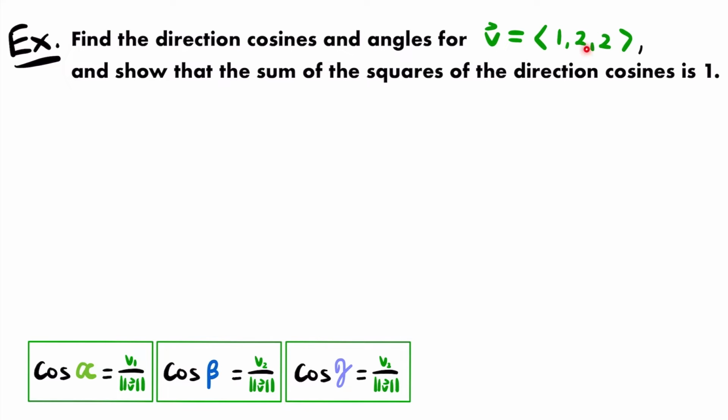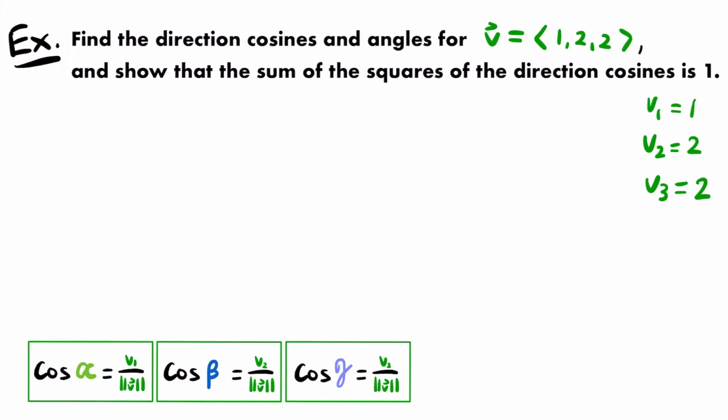Cosine beta is equal to v2 divided by the magnitude of v, where v2 is the y component, and cosine gamma is equal to v3 divided by the magnitude of v, where v3 is the z component. Just to make it easier to reference, v1, the x component, is 1, v2 is 2, and v3 is also 2. That comes from our vector right here.